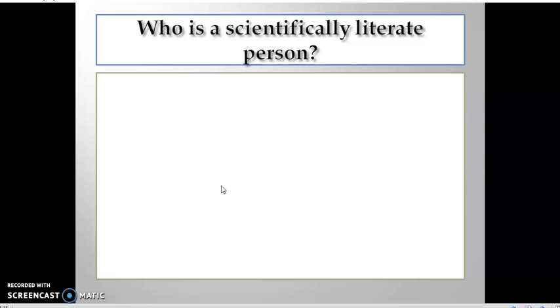the scientists have done. So when we ask a question like who is a scientifically literate person, we can answer it this way.